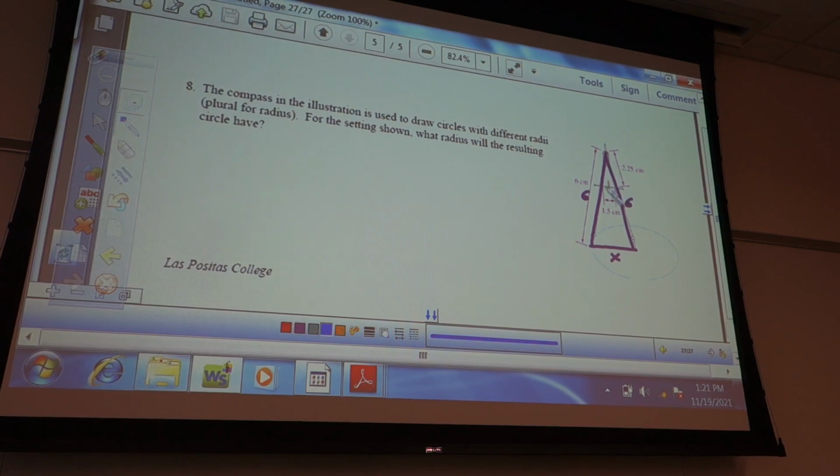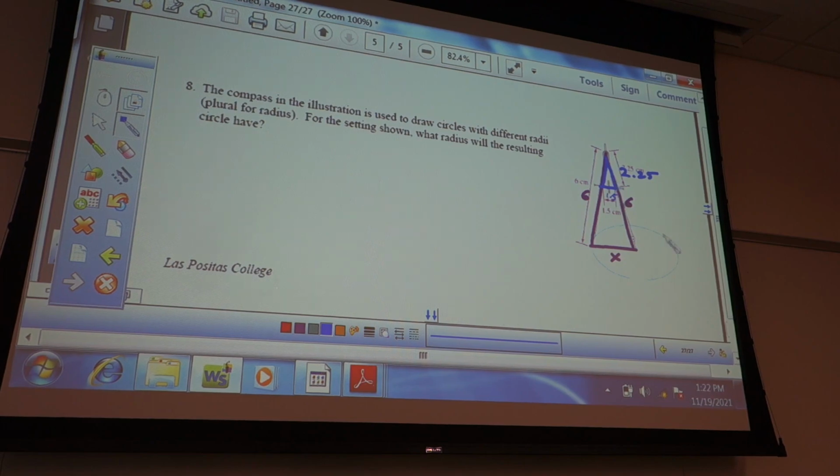All right, and this matches up with this smaller triangle here, which is 2.25 there and 1.5 there.